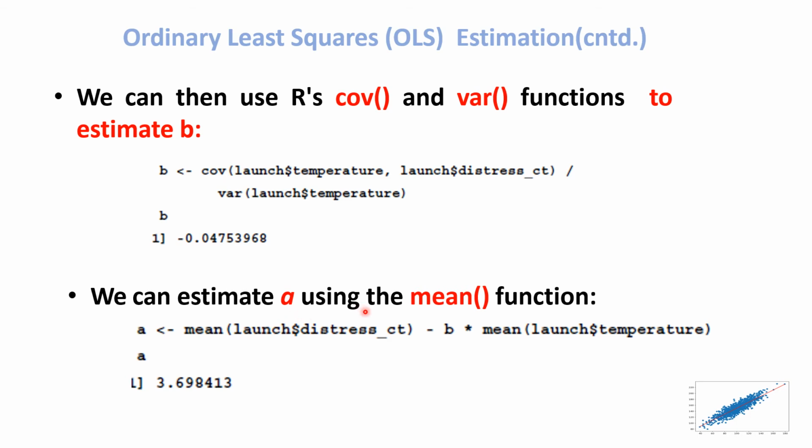So A can be calculated as mean of y minus B into mean of x. Just remember that covariance, variance and mean functions can be used for estimating the values of A and B in the slope intercept form of a line.